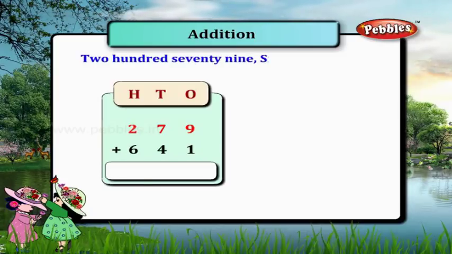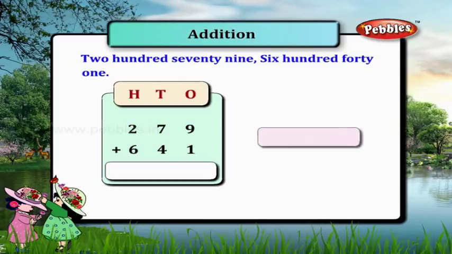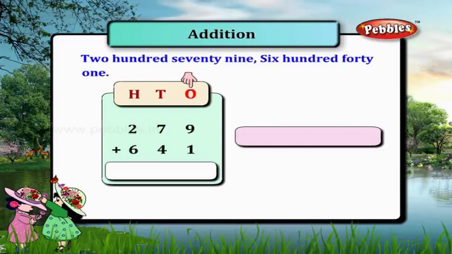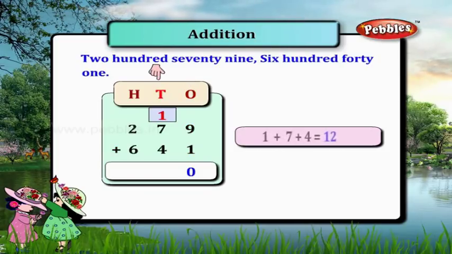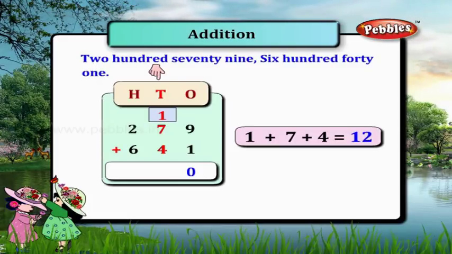279 plus 641. Add the ones. 9 plus 1 is equal to 10. Write 0 in the ones column and carry over 1 to the tens column. Add the tens. 1 plus 7 plus 4 equal to 12.